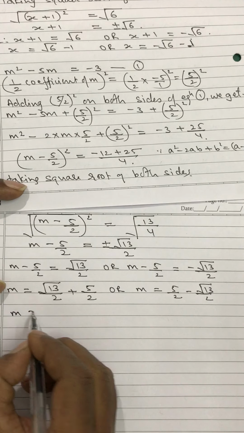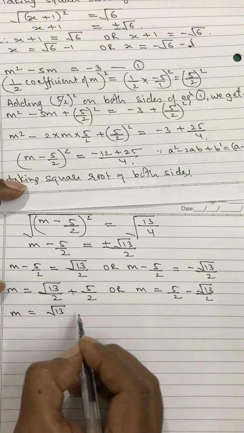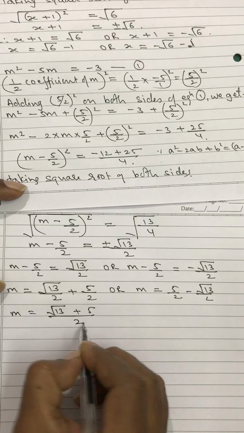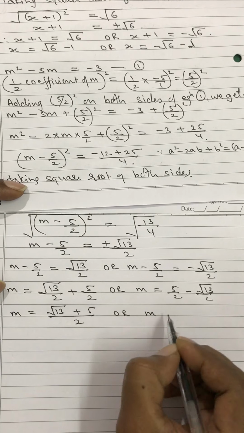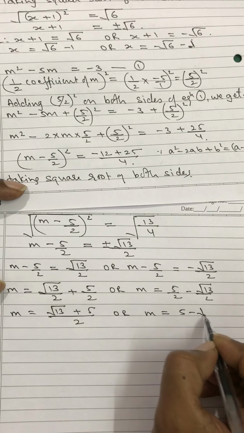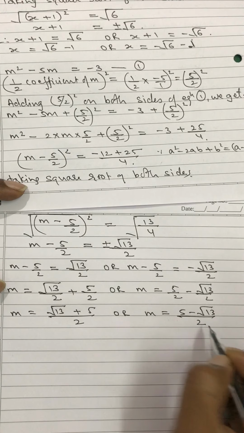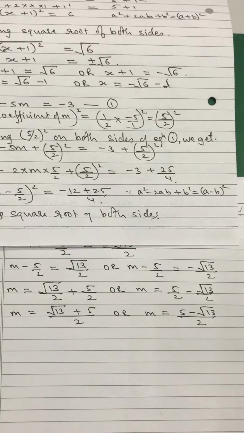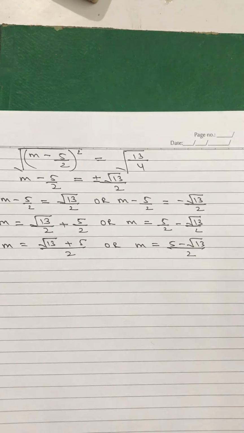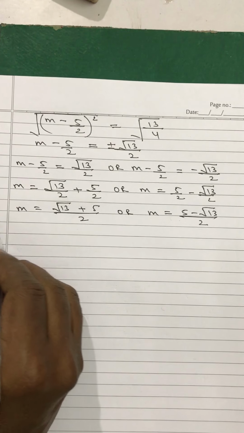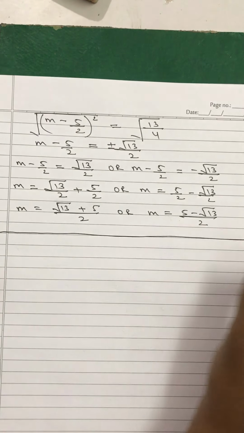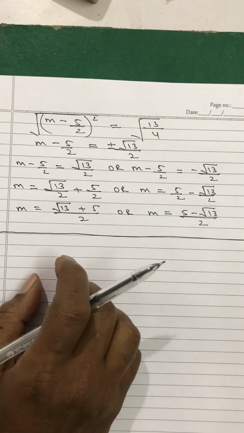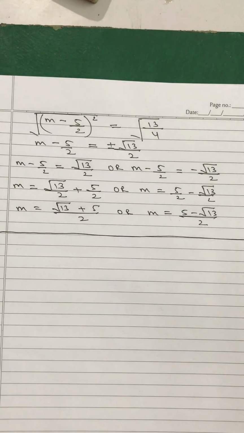So m is equal to root 13 plus 5 upon 2, or m is equal to 5 minus root 13 upon 2. You should be able to check this whether it is right or not. With this we proceed to the next question. It's always nice to counter check the answers, my dear friends.